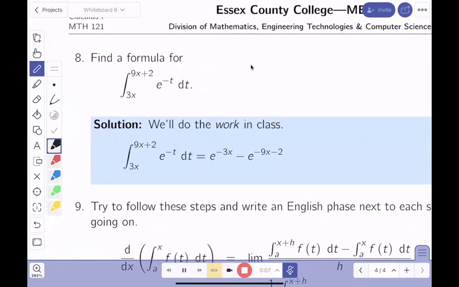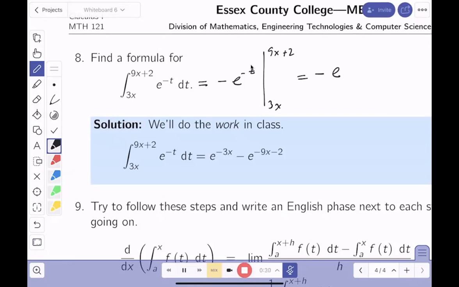Find a formula. Well, I'm going to do it. I'm getting better at this now. What's that going to be? Minus e to the minus t. That's its antiderivative plus a constant. But this is an integral limit, so I'm not going to put the constant in. That's 3x, and this is 9x plus 2. Let me write that down.